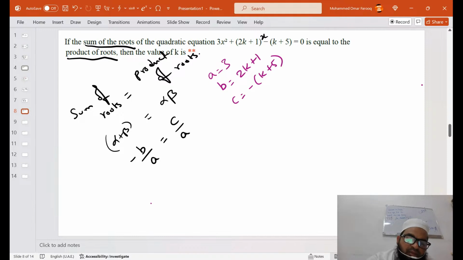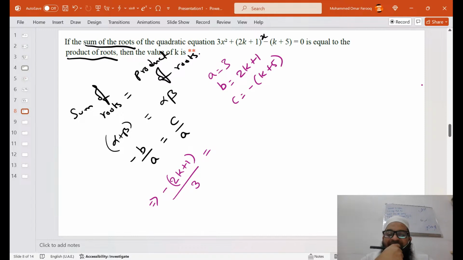So that implies minus of 2k plus 1 divided by 3 is equal to c by a, minus of k plus 5 divided by 3.